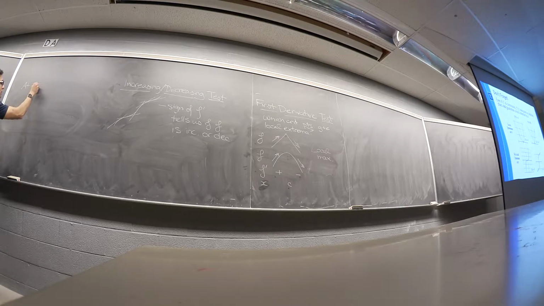At closed endpoints, by which I mean the endpoints of an interval that are included in the interval, you could check the derivative nearby, assuming things are sufficiently nice, to see if it's a local max or a local min.